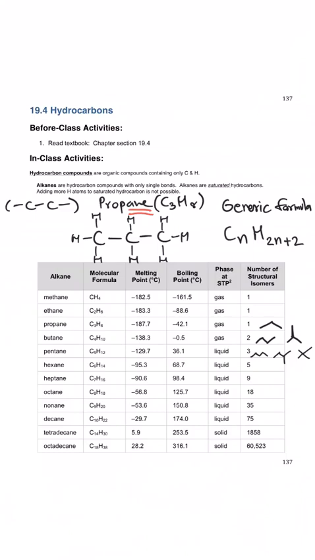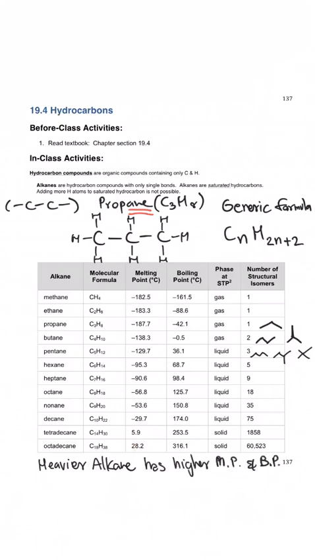The next thing I would like to point out is the number of carbon, or the molecular weight of the alkanes, and how that affects the melting point and boiling point, and also the physical state of the alkanes. As you see, as the number of carbon increases, the melting point and boiling point also increase.